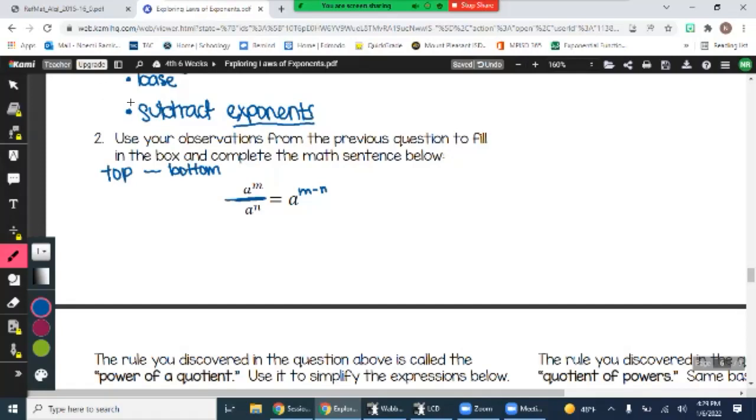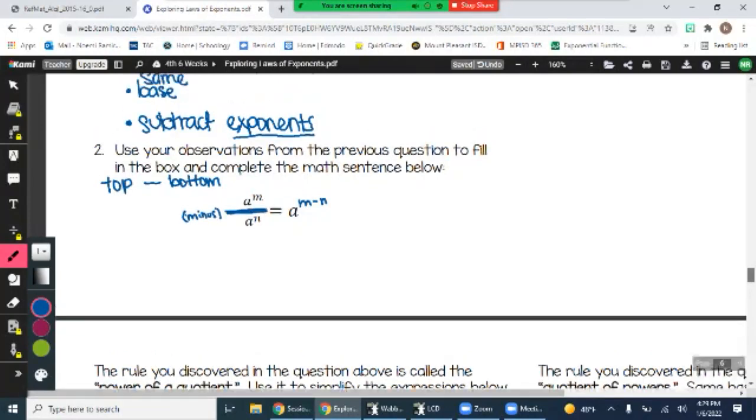I always tell my students every year, which I think helps, think of that division bar as a minus sign, m minus n, m minus n. I'm going to just write minus.